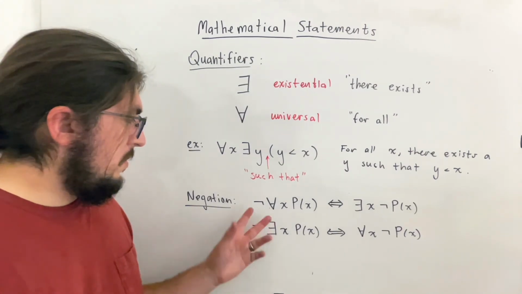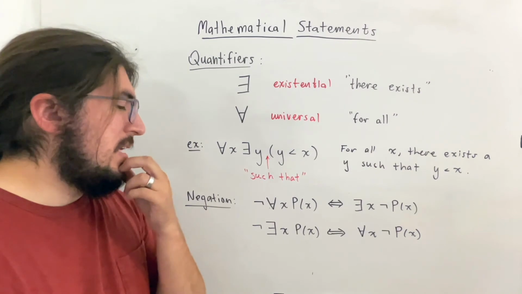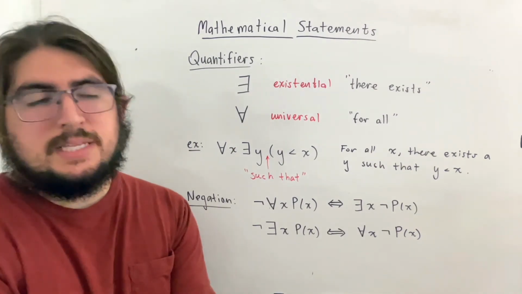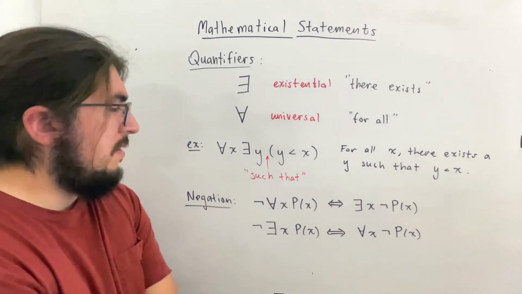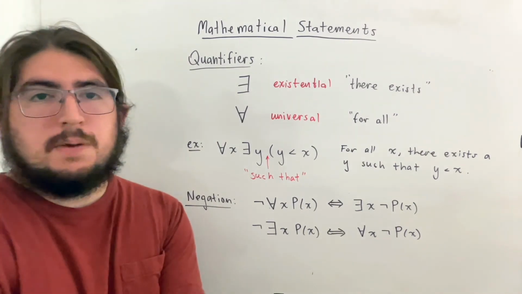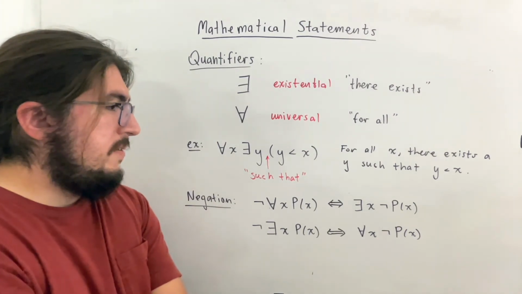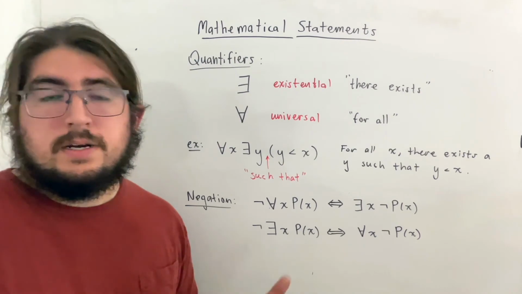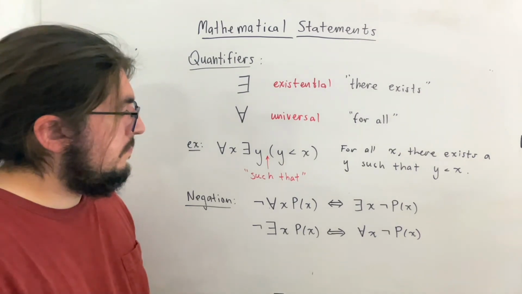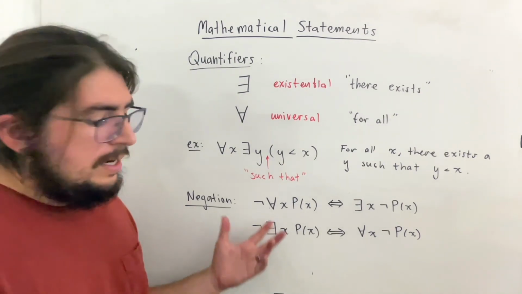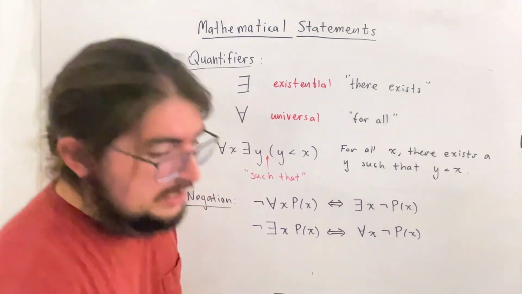But you can try to think why those are equivalent, something to think about. And you can write out any statement you want and try to play with it and see if it's true based on certain circumstances. Again, it depends what you want p of x to stand for.